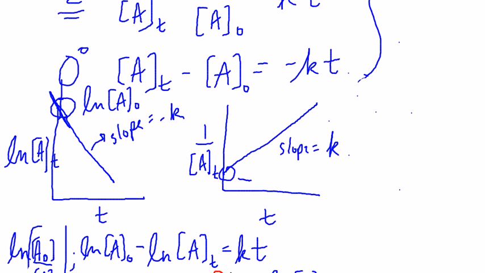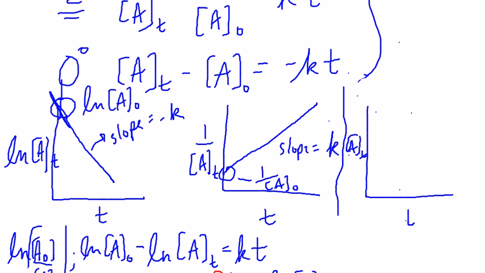And then the y-intercept here is 1 over A naught. And then if we have a zero order reaction, A at time t versus t, our y-intercept is A naught, and the slope, m, is equal to minus k.